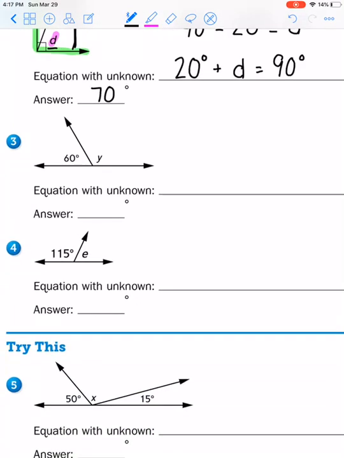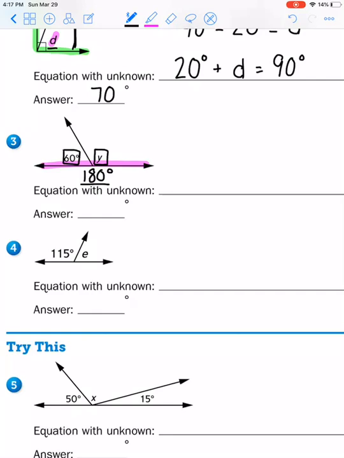All right, number 3. Now be careful. This is not a right angle anymore. It is a straight angle. And I know the straight angle measures 180 degrees. So I need to use this angle measure, which is 60, and this unknown value has to equal 180 degrees when they're added together.